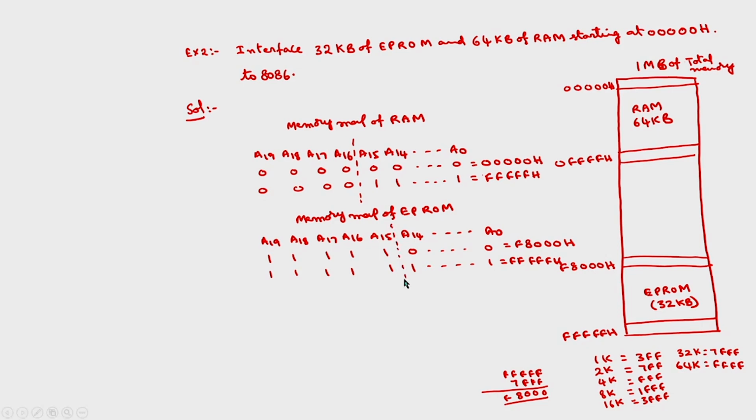Now in order to find out the chip selects, I have to use 4 memories in total, 2 even and 2 odd memories, similar to the previous example. Out of the 64 kilobytes of RAM, 32 kilobytes we use as the odd bank, and 32 kilobytes as the even bank.